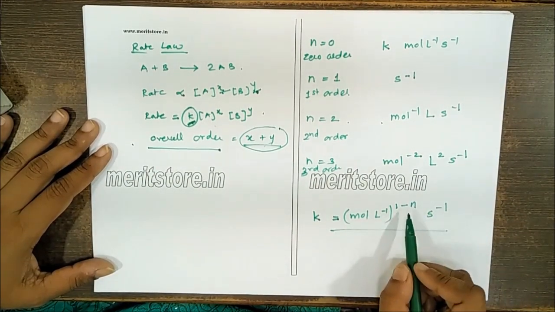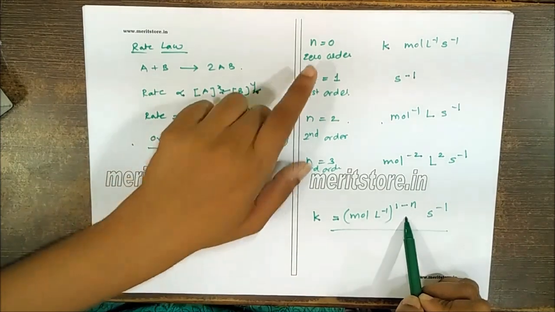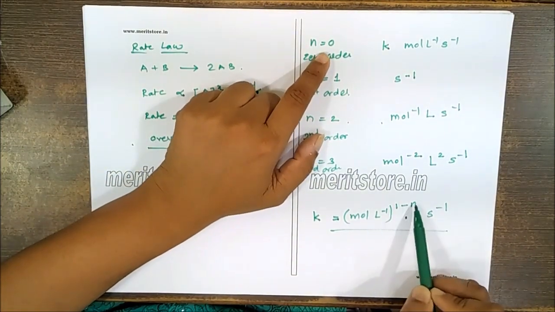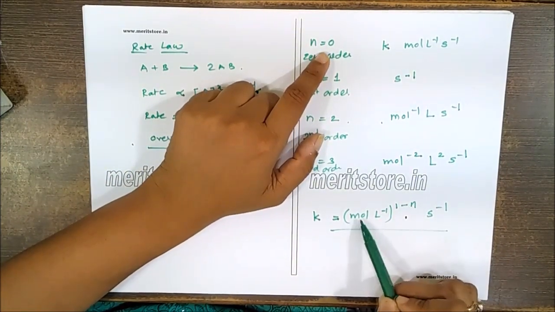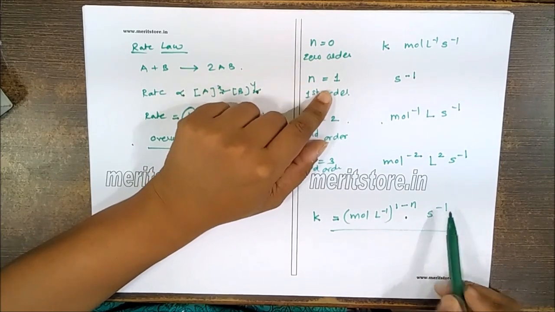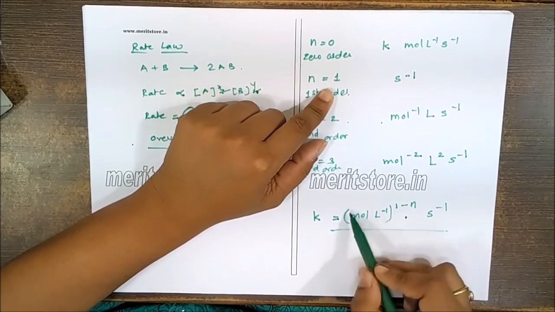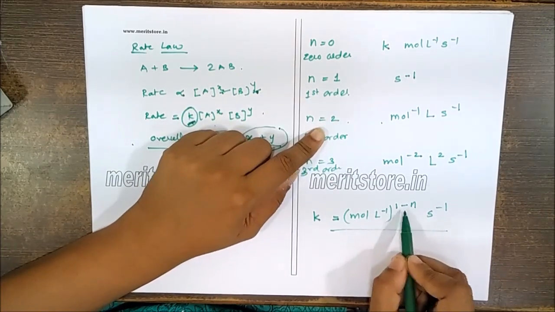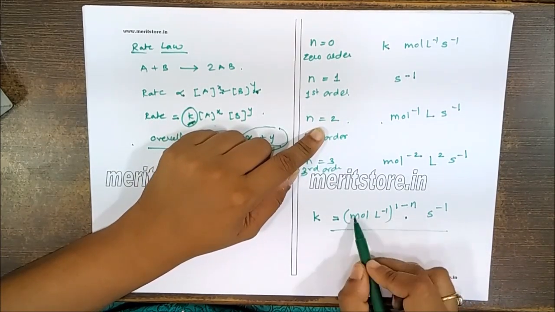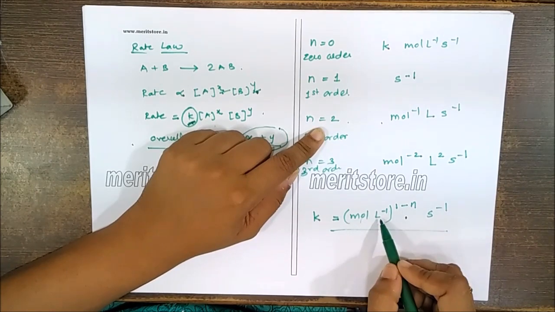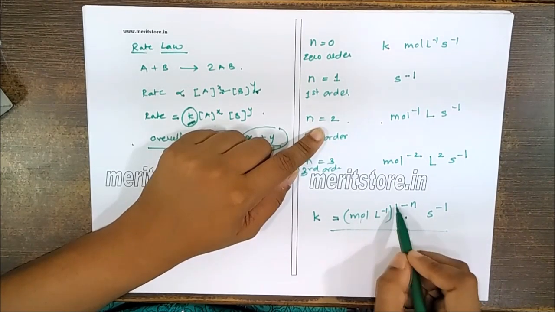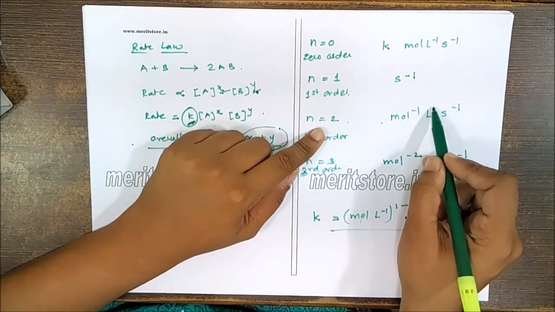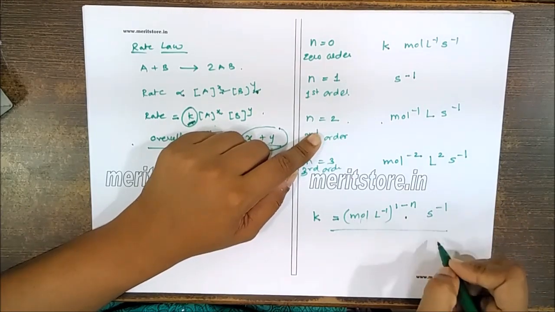So if N is equal to 0, it is mole per liter per second. If it is 1 minus 1, this is raised to 0, that means it is 1, so per second. If it is 2, that is 1 minus 2, it's minus 1, so mole is raised to minus 1 and liter is raised to plus 1.